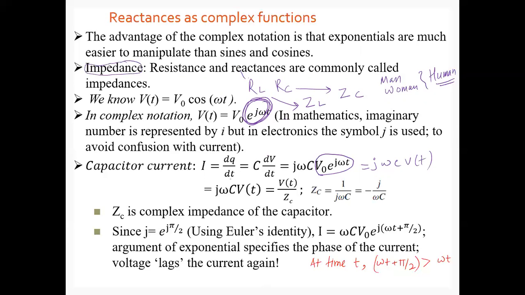So I change the name now. RL and RC become ZL and ZC because of this. So I have three impedances now. One is ZR, one is ZL, the other is ZC. ZR is simply R, nothing but R.